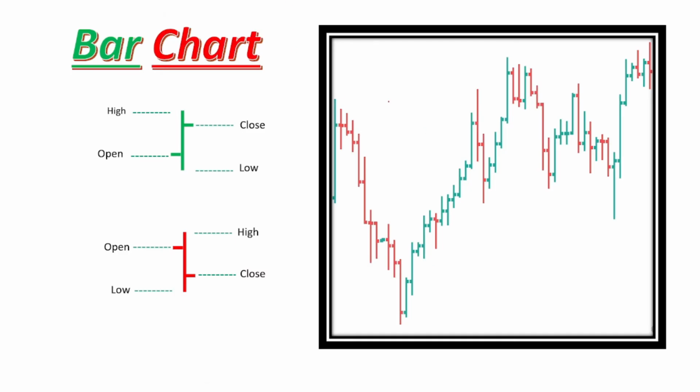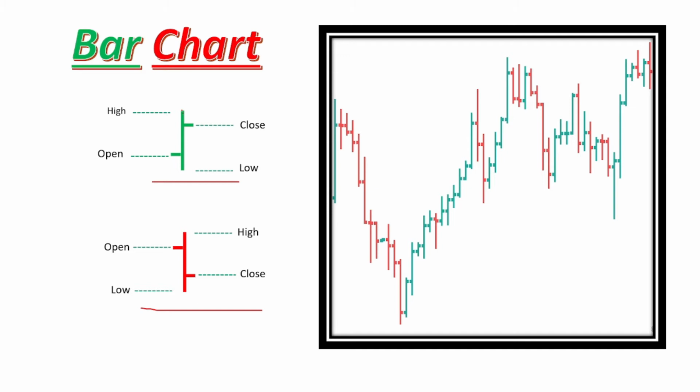Friends, if you see here, these bar charts are also called OHLC charts. OHLC is pretty much indicative: O for open, H for high, L for low, and C for close, which indicates these 4 price points. Now let us try to understand this green bar and red bar.